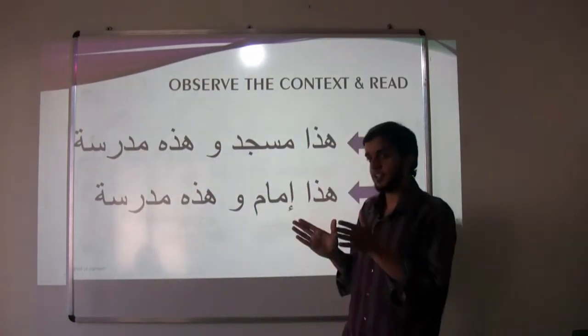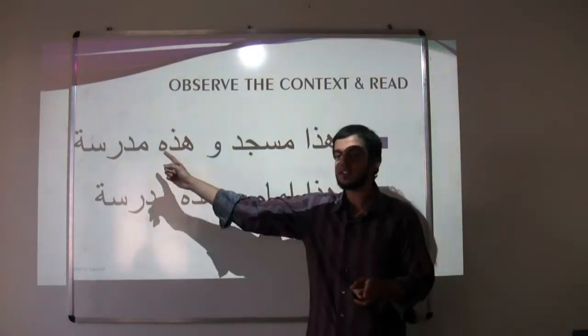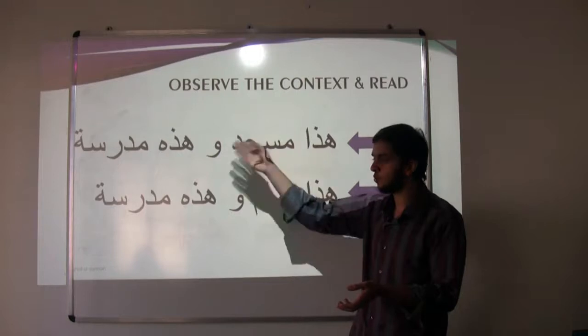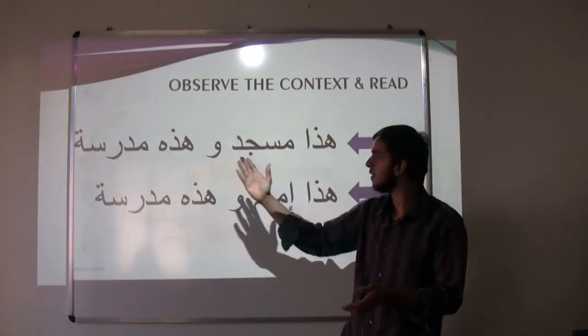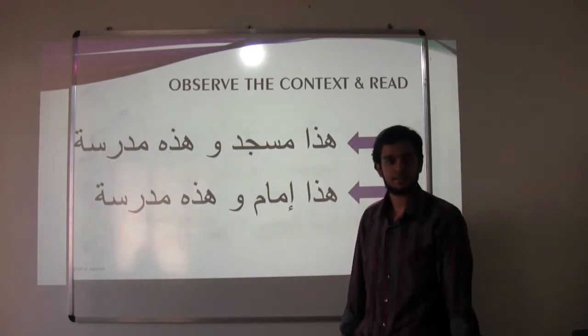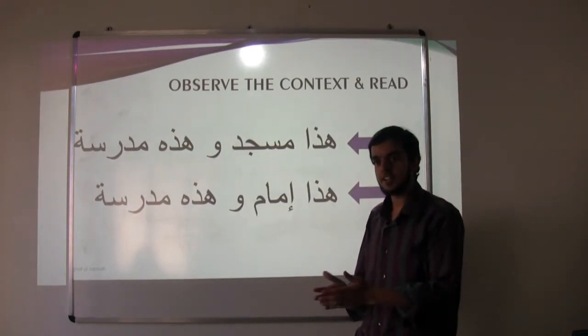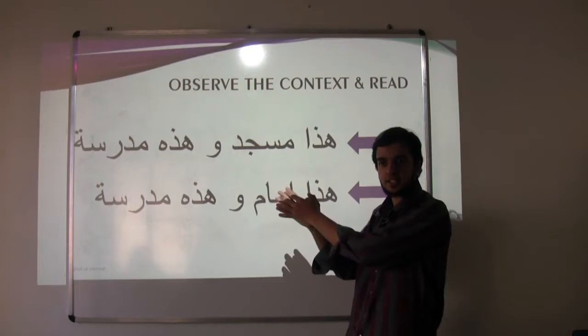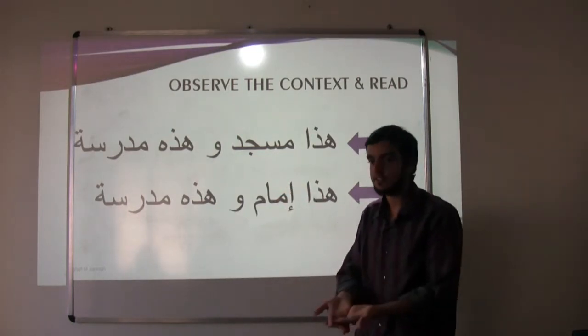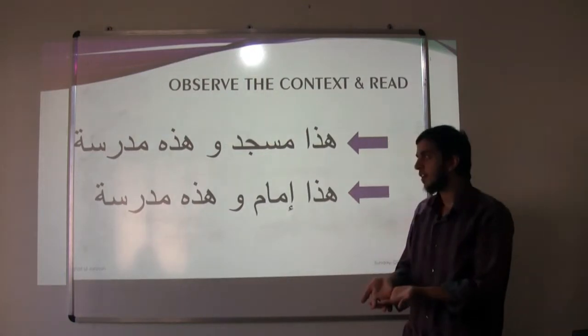What we are imagining is that the person who is saying this is standing somewhere in between the two buildings. Hada masjidun wa hada madrasatun. This is a masjid and this is a school. It's more likely that he points to a masjid and says this is a masjid, and he doesn't point to a lady and say this is a mudarrisa. It's more likely. So that's how it is.